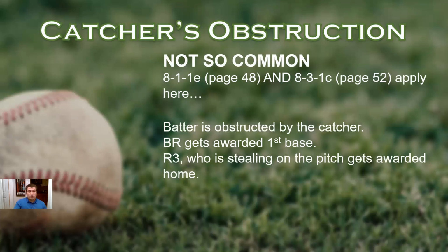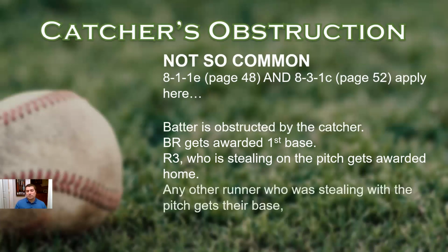So the run scores and the batter runner gets first base. And then this is where R2 comes into play. Any other runner who was stealing with the pitch also gets the base he's going to, even though he wasn't forced. R2, because he was stealing on the pitch, gets awarded third base as well.